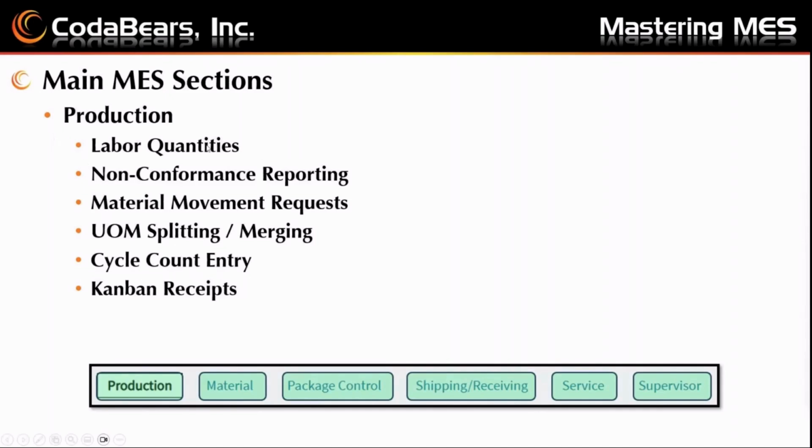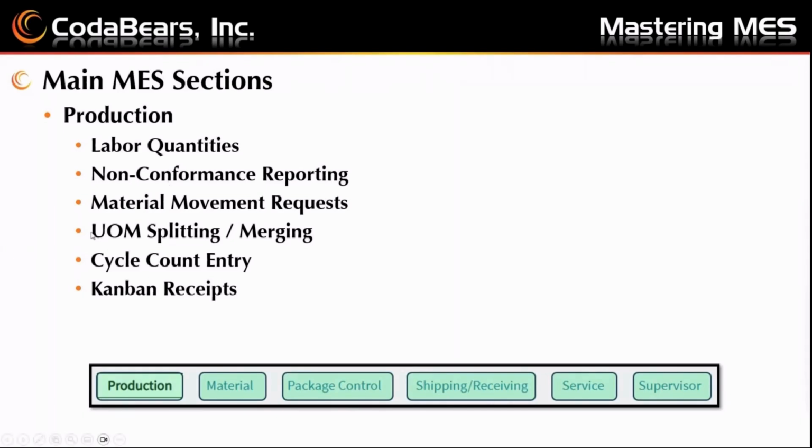So for production, labor quantities are your major sections, nonconformance reporting, material movements and requests. I put the requests in because if you're using the Advanced Material Management or AMM module, now I can request a handler bring me additional raw materials or supplies. When I finish the job, I can request a material handler to come pick up the skid or the pan of parts and move them on to the next location.